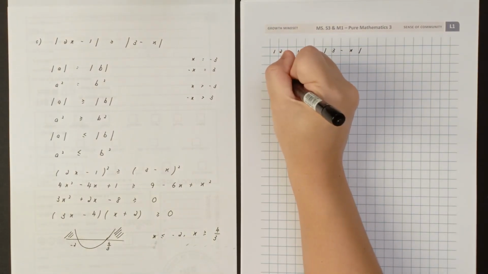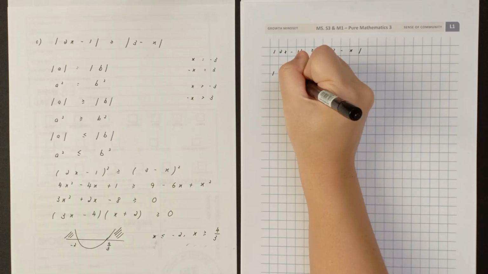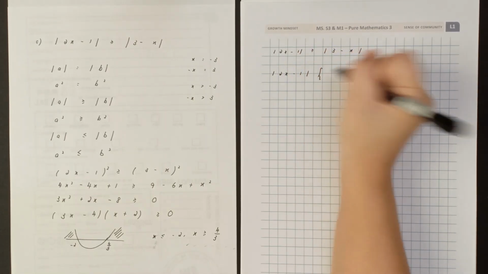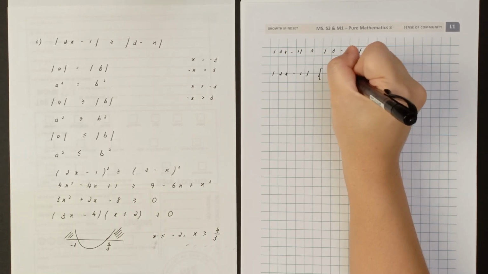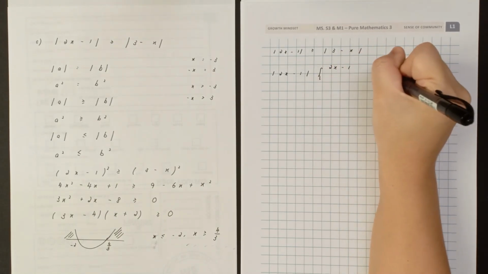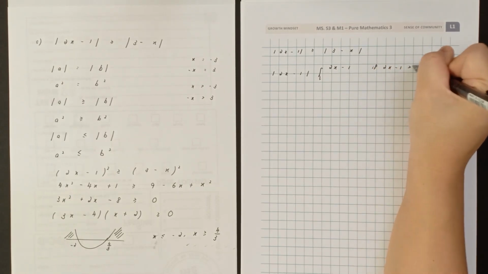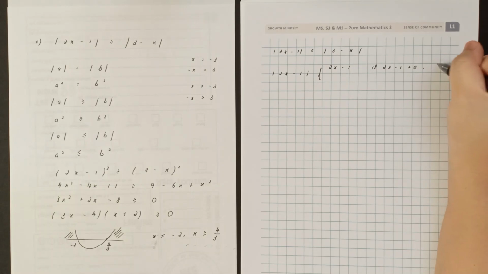I'm going to draw the first line, which is 2x minus 1. I know that I will have two parts here. The first one is 2x minus 1 if 2x minus 1 is greater than 0, which means x will need to be greater than or equal to 1 over 2.